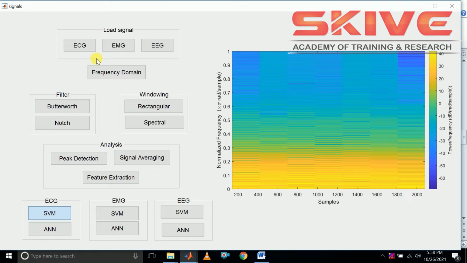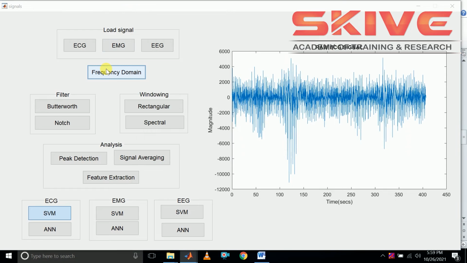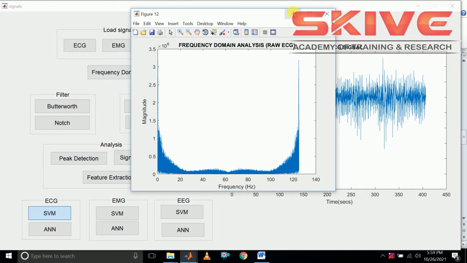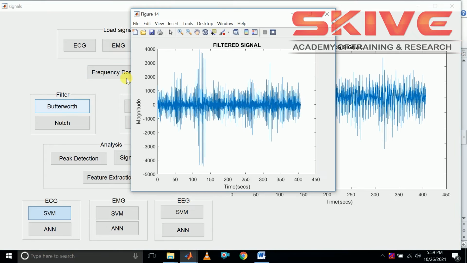Now we are going to take the next EMG signal. These are the filtered signals.